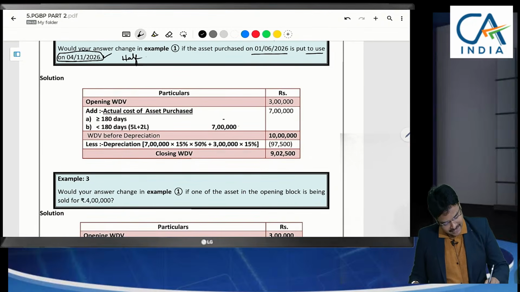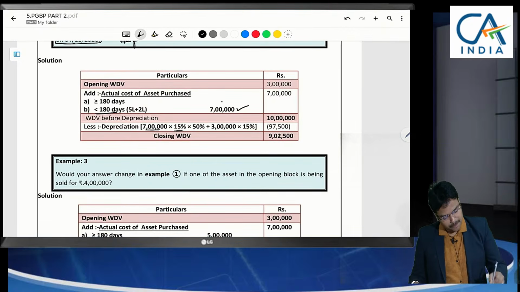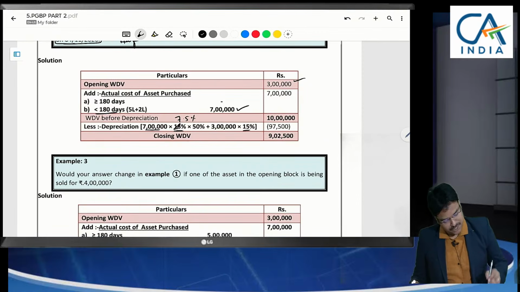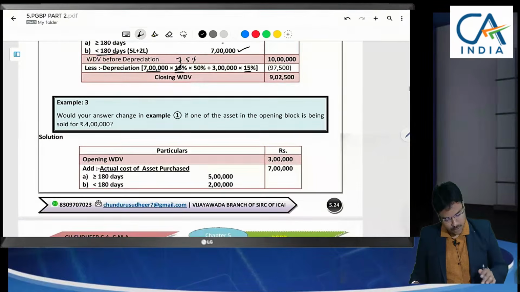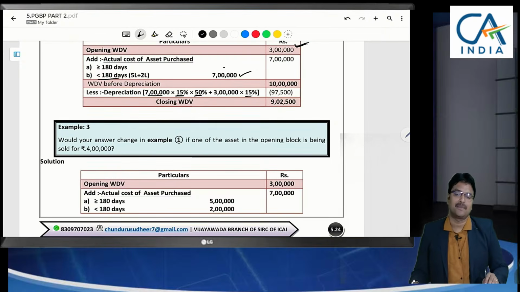That's why the entire 7 lakhs is added in less than 180 days. 7 lakhs into 7.5%, half depreciation, and opening 3 lakhs into 15%. Am I clear? Now let me continue. Here 15% into 50% is given. That means we are claiming only half depreciation.